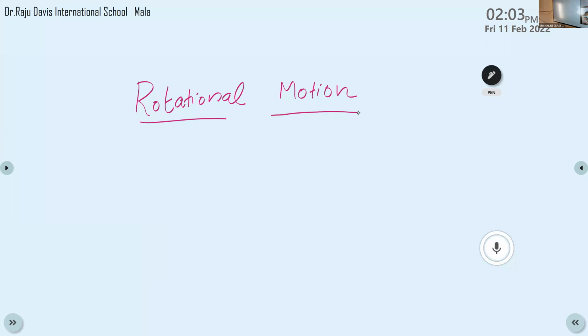When we take the case of the motion of a top, here in this case, we can say the motion in which a whole body moves about an axis is known as rotational motion.